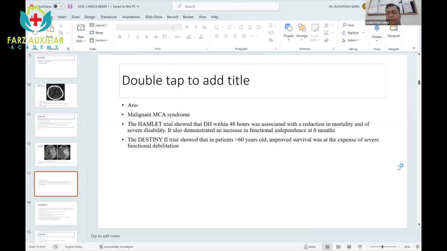Means if you do decompressive hemicraniectomy, the patient will survive, but he will be disabled. This is the crux of all the trials: HAMLET, DESTINY 2, DECRA. There is definitely a reduction in mortality, but an increase in disability. This is the important thing.